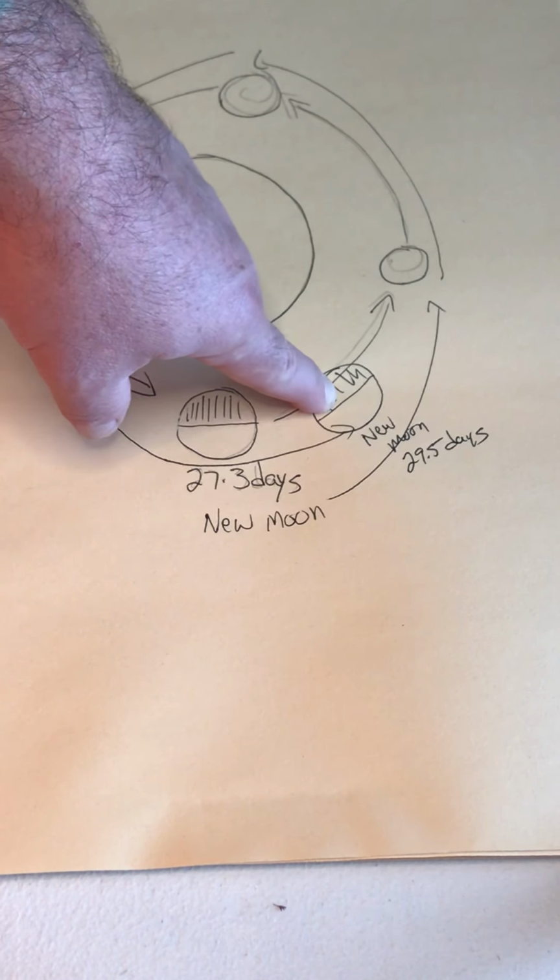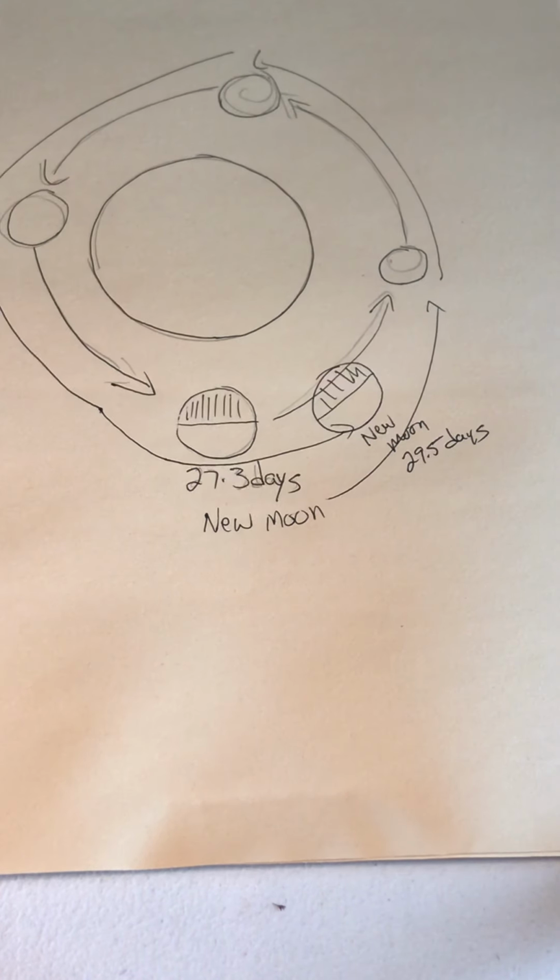If you need to, look it up, read about it. If you don't quite understand what I'm saying, if you really need to, build a model to show yourself. That's all I've got for this one. We will be going into tides and eclipses coming up in just a moment, okay?